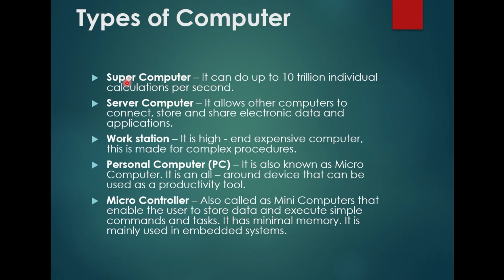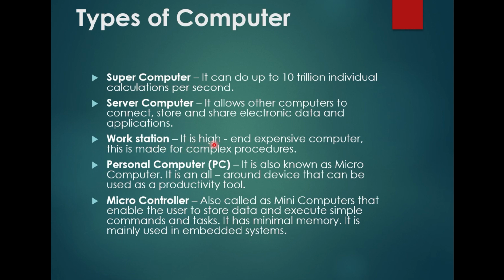For example, a supercomputer can do up to 10 trillion individual calculations per second. Server computer, for example, if you are browsing something in Google or Mozilla Firefox, anything, you will get results for it. It means there is a server for that. Google finds the required output for your input. Those are the server computers.